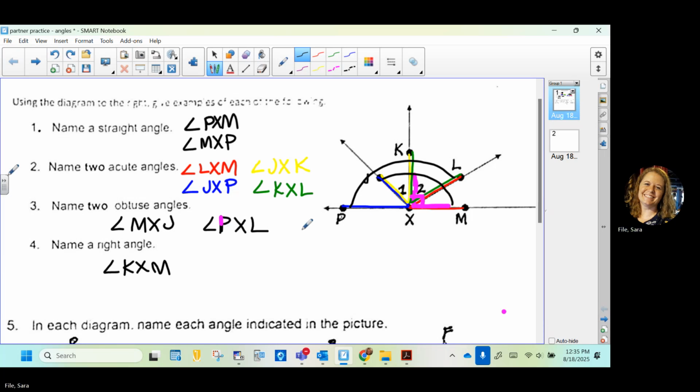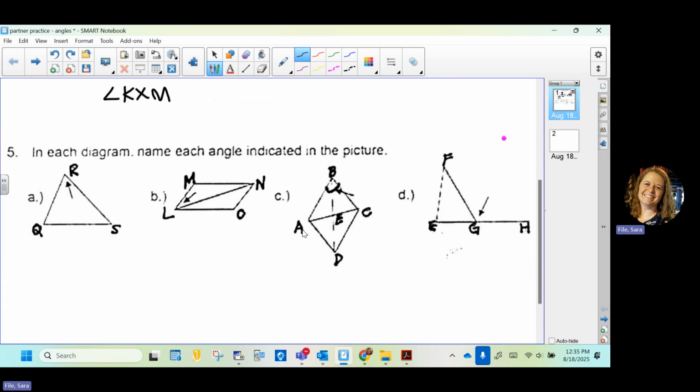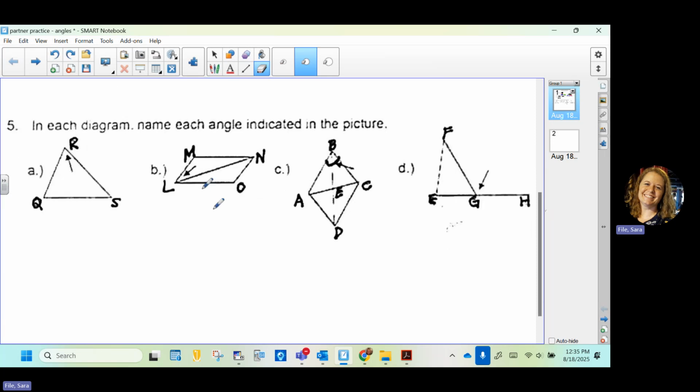Okay. So down here is where I was noticing some of the more mistakes, because a lot of y'all were just saying acute, obtuse, or right, or you were categorizing it instead of naming it. They're asking us here to name each angle indicated in the picture. So it's where the arrow is pointing. Okay, so here the vertex is R, so I definitely have to use R. I could use just angle R, and that would be enough in this case.